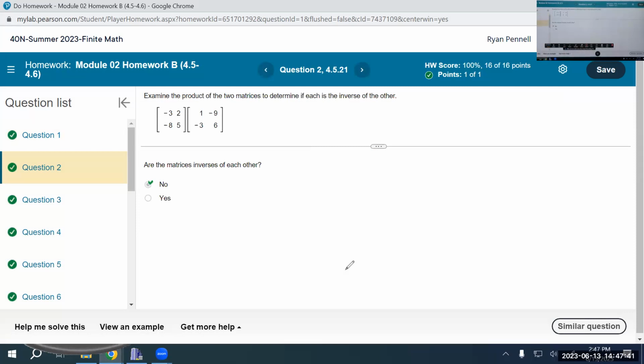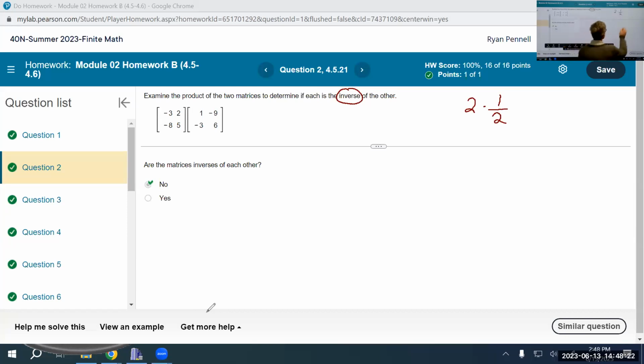So this says examine the product of 2 matrices to determine if they are the inverses of each other. What on earth does inverse mean? Well, what did inverse mean with numbers? 2 and 1/2 are inverses of each other. 1/2 is inverted 2. 2 inverse is 1/2.